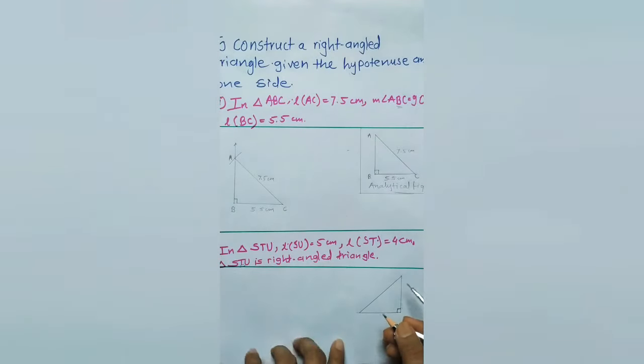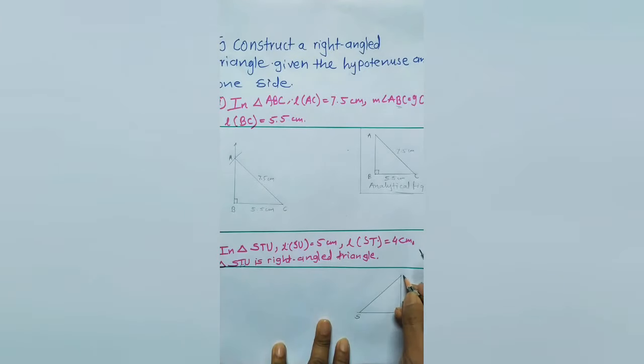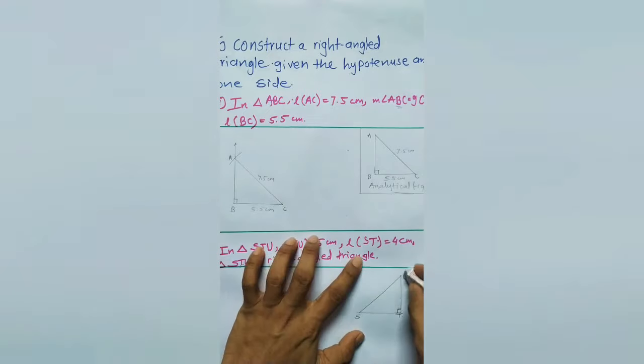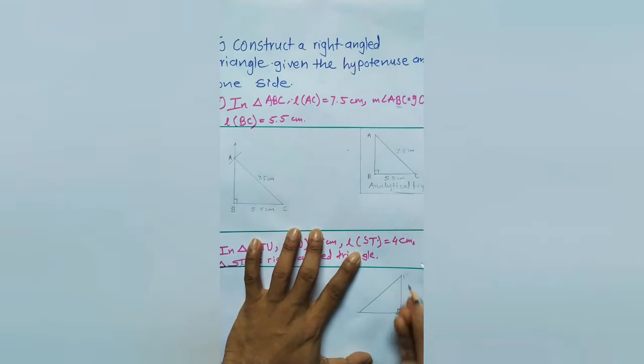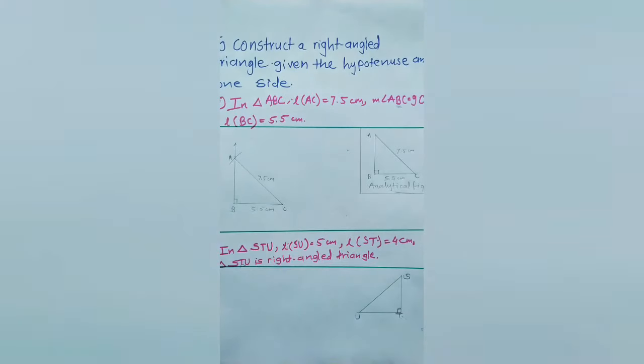They said STU is a right angle triangle, that means you can take STU here, here S, here T, here U. You take those names serially S, T and U. Now is SU given to you? No, but ST is given to you, that is 4 centimeter.